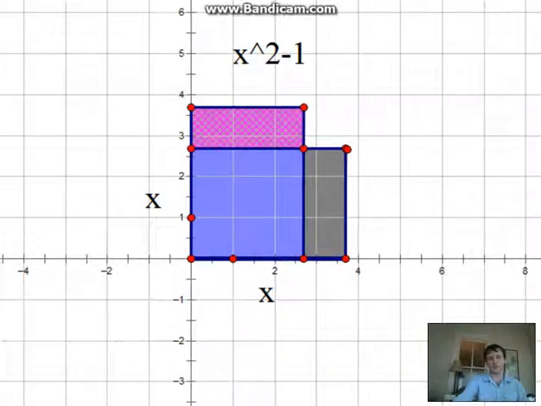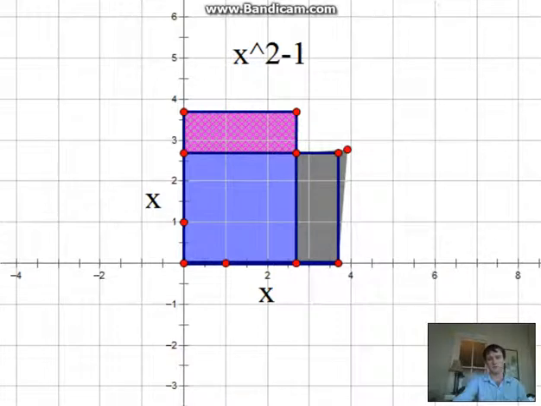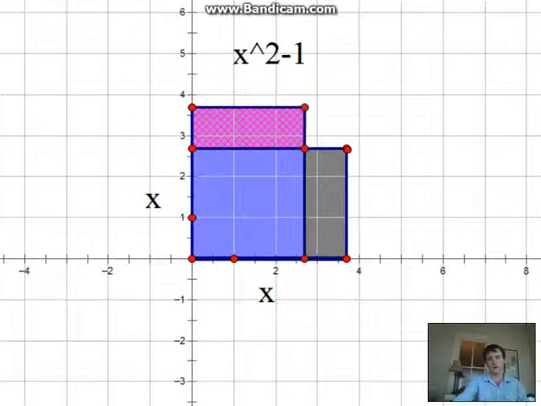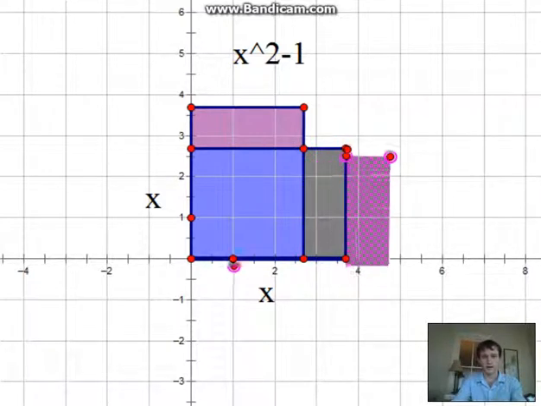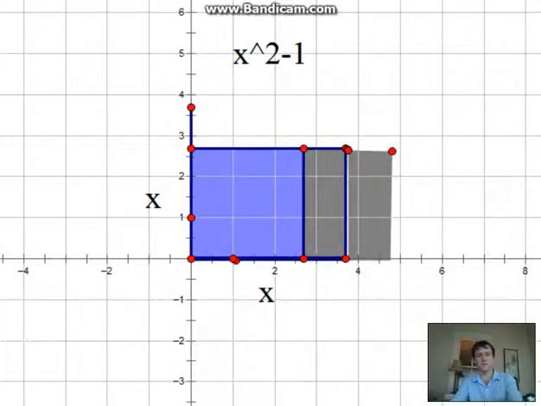So we can take this purple one and place it onto the side here, and we end up with a rectangle, the rectangle we need. Maybe not the one we deserve, but the rectangle we need. It'll end up looking something like that. It looks even nicer with fewer time constraints, but that's the idea.